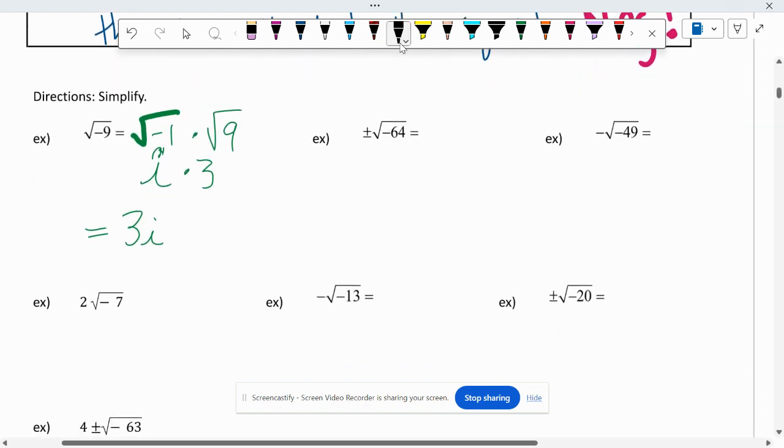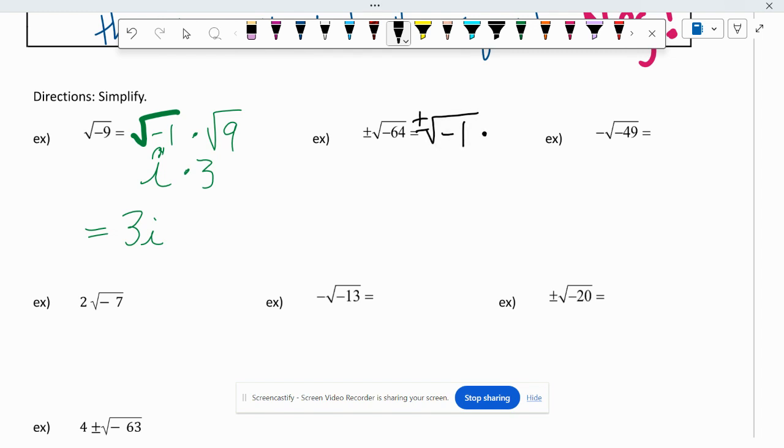Okay, so when I look at this next one, the square root of -64, and notice this has a plus or a minus in front of it. So I'm going to write this as plus or minus the square root of -1 times the square root of 64. Okay, so I'm going to put my plus or minus out there first.